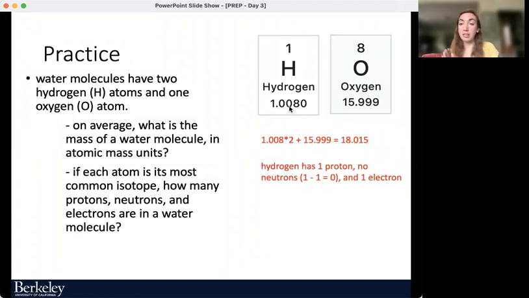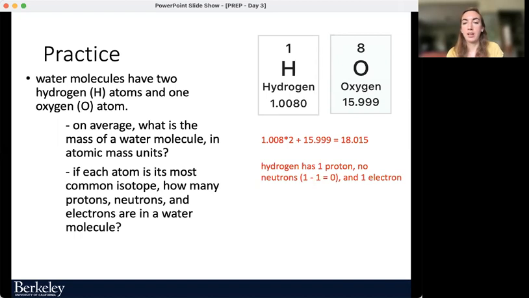That means that normally in a hydrogen atom, there are no neutrons at all. But sometimes there's 2 or even 3. There's just a few of those atoms out there that have 2 and 3, and so the average is a little bit over 1. Does that make sense?